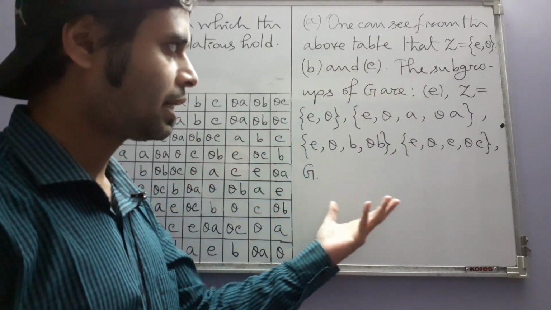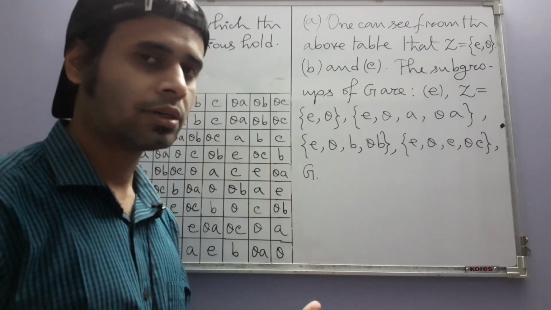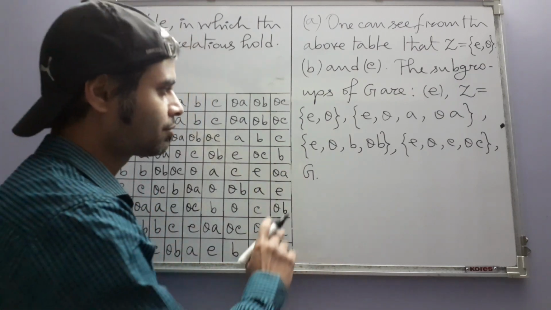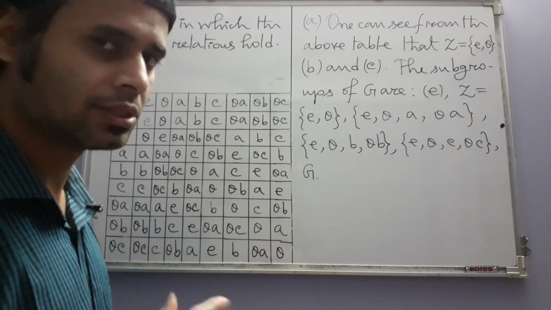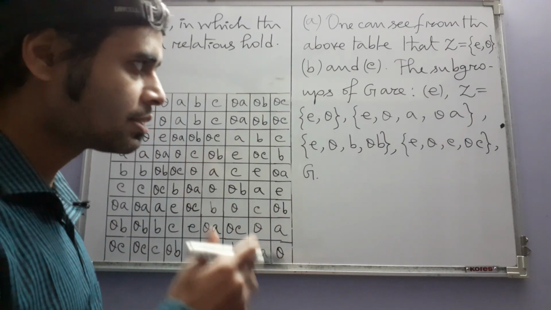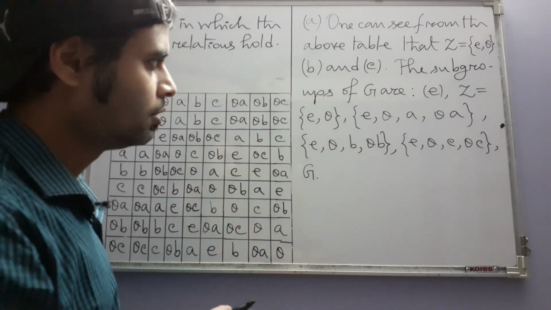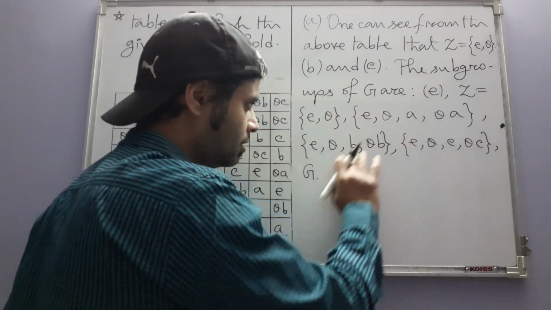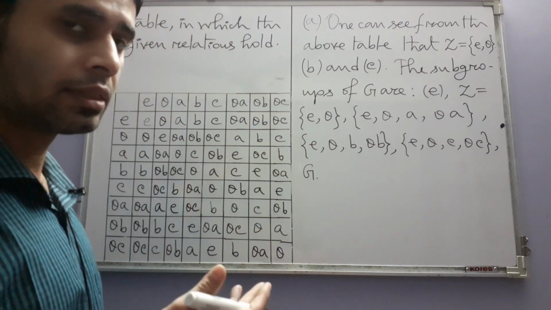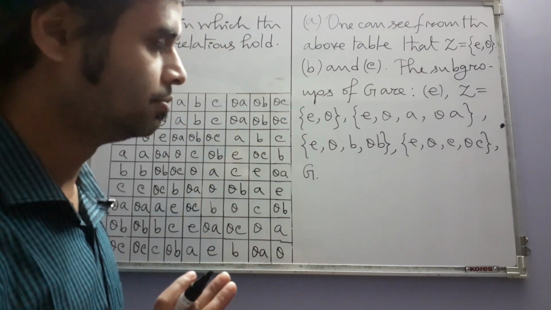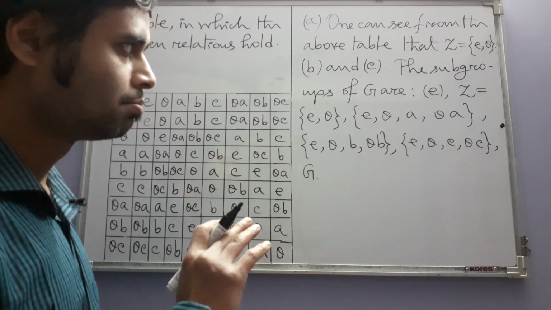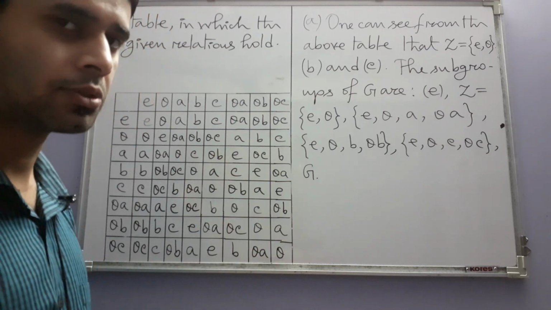In finding subgroups of a given order, you have to just somehow manage this task. It is left to you to show that besides these subgroups there is nothing else. I am leaving that entirely to you. Somehow you prove that there is no other subgroup.